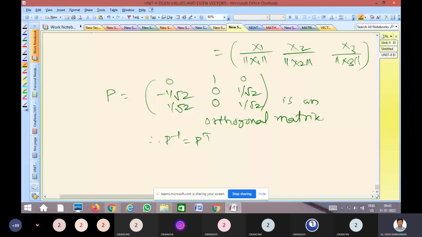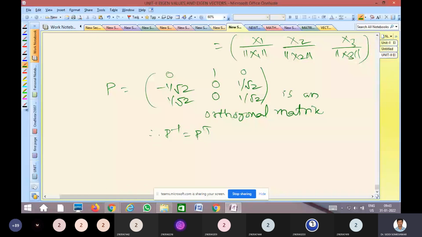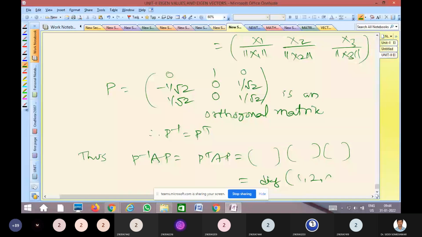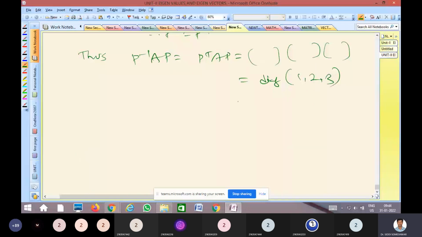So P inverse AP equals P transpose AP, which gives a diagonal matrix with diagonal elements 1, 2, 3, that is, 1, 0, 0, 0, 2, 0, 0, 0, 3.